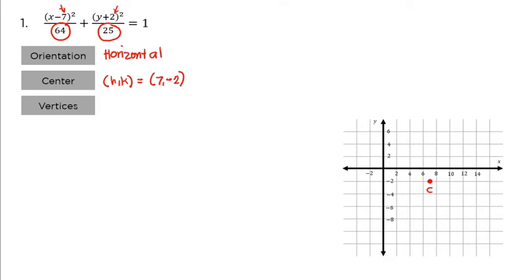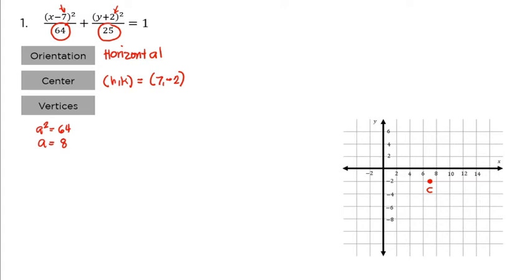Take note the vertices are a units away from the center. So we need to solve for a. But from our standard equation, a squared is just equal to 64, right? Thus, a is equal to 8. Therefore, the vertices are 8 units away from the center.